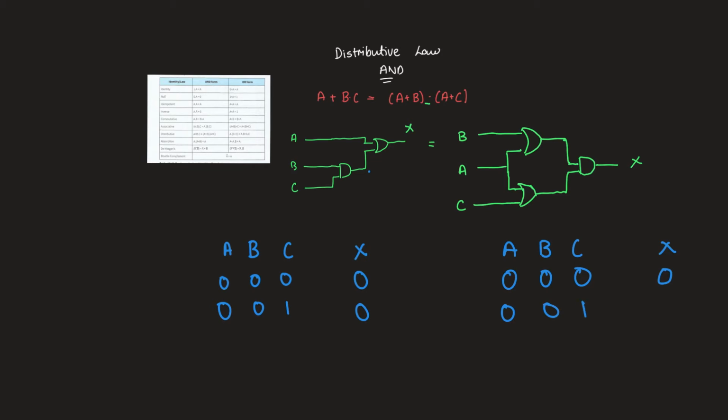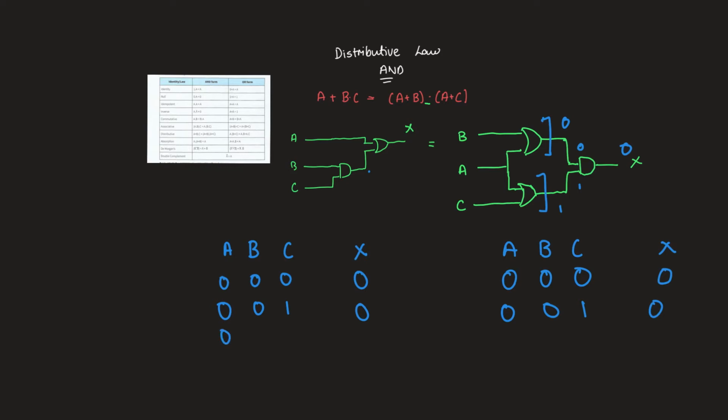So if our A is 0, A and B over here, this part is going to give us an output of 0. But since our C is 1, this will give us a 1. But we're passing it through an AND gate anyways, so if we have 0 and 1, the output is going to end up being 0 anyways. So you can see it's exactly the same. The outputs are the same for the same combinations.